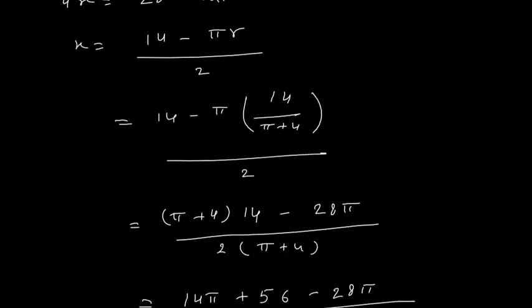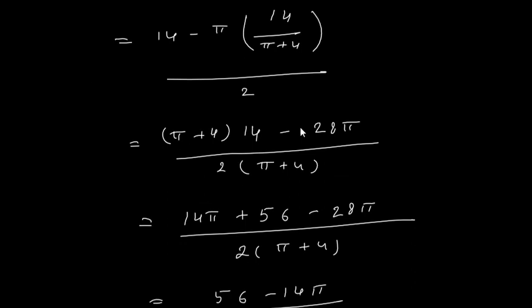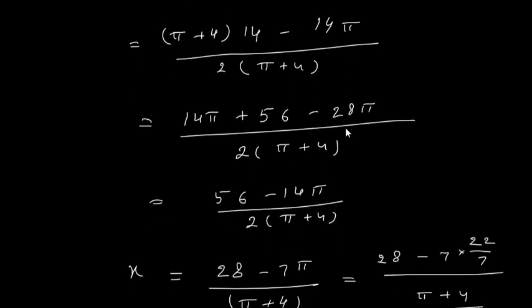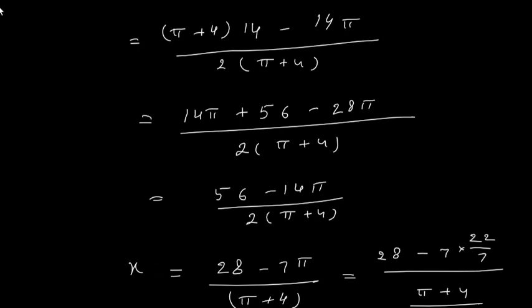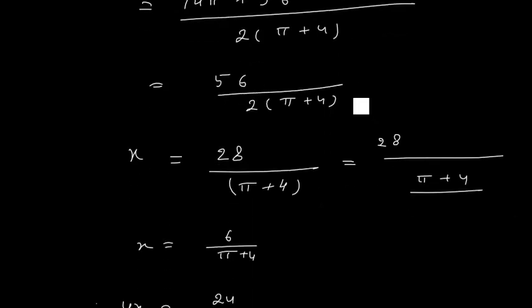Now when we cross multiply, this is 14 pi. Now here this is not 28, this is 14, so it is 14 pi. Now 14 pi will cancel, and I have 56 upon 2. So 56 upon 2 is 28. So finally I will get 28 upon pi plus 4.